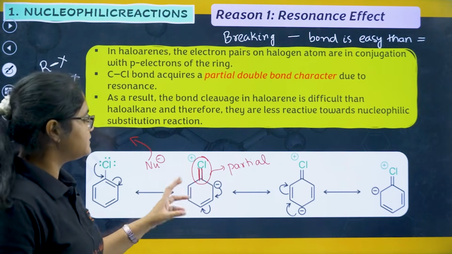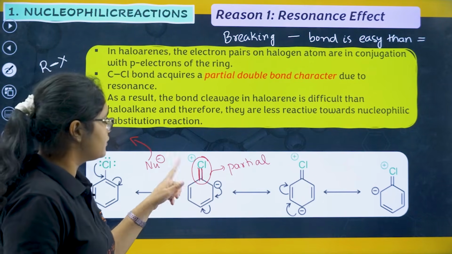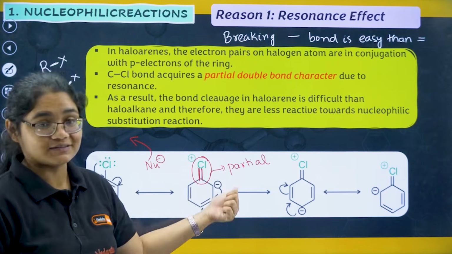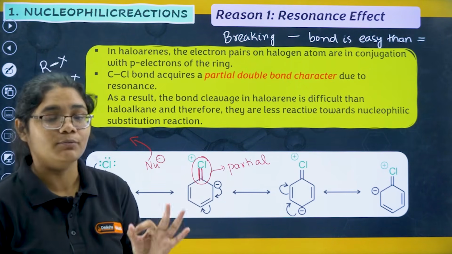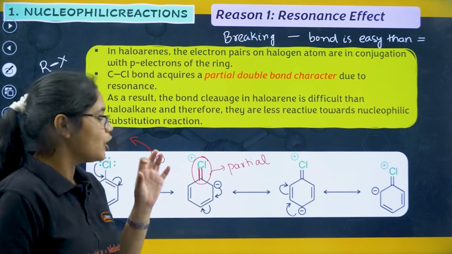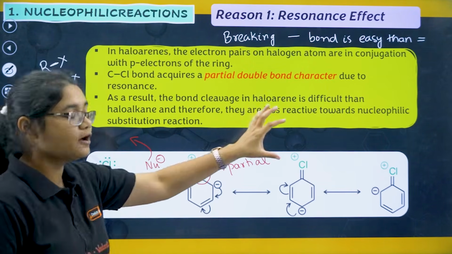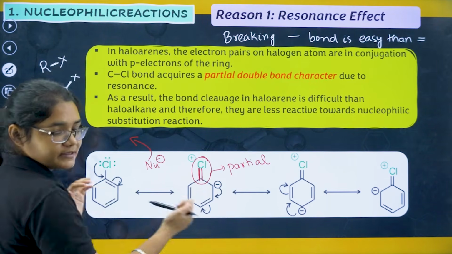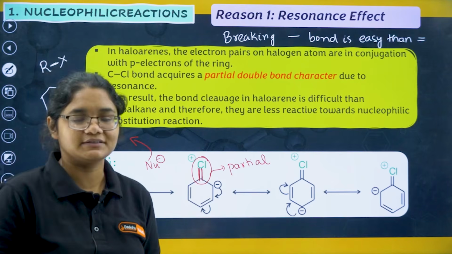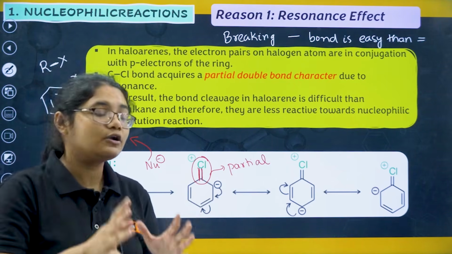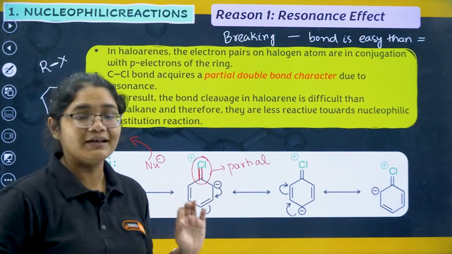That is why this nucleophile cannot break this C-Cl or C-X bond, due to the partial double bond character. Why do we say partial double bond? Because it is not a permanent double bond, but due to resonance this bond comes. It is present sometimes, not present sometimes. It was not originally present between carbon and chlorine.